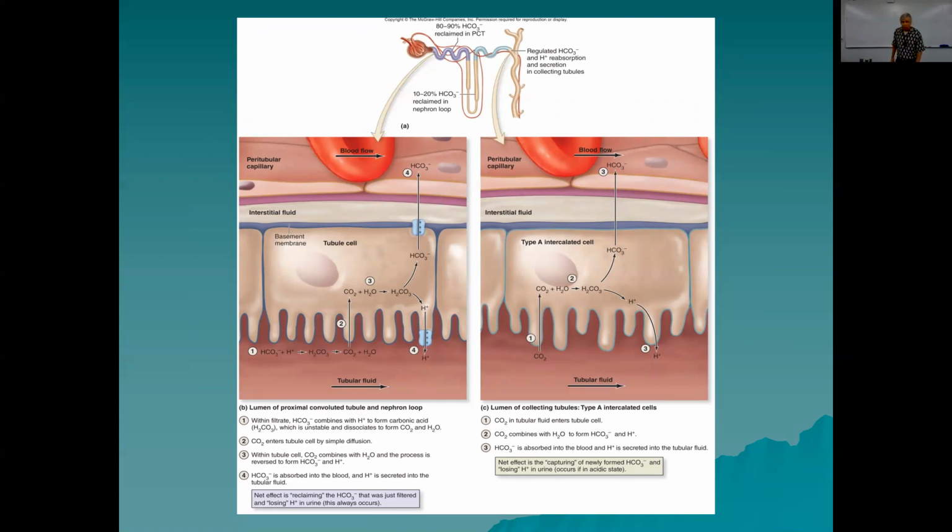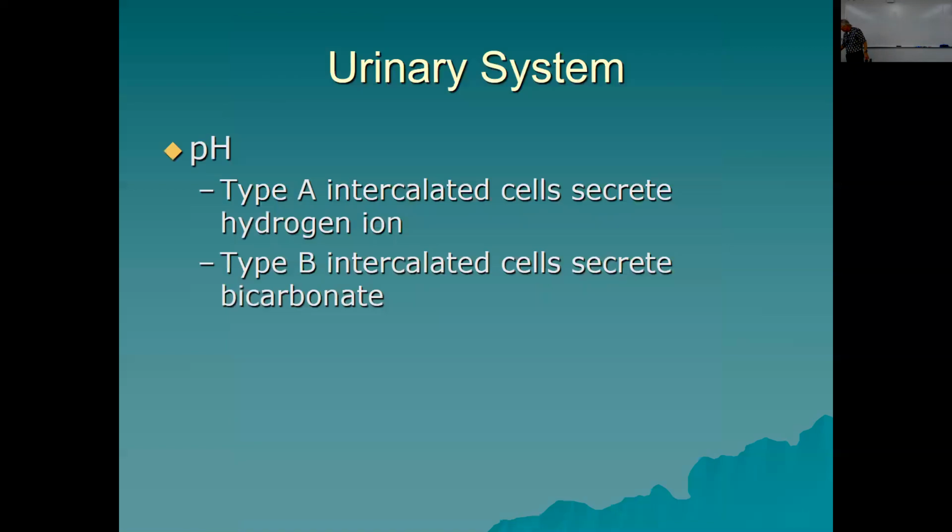It combines with water to form carbonic acid that breaks up into bicarbonate ion, which is reabsorbed into the interstitial fluid, and then hydrogen ion is secreted. And this is how we dump excess hydrogen ion. All right, so as I said, type A intercalated cells secrete hydrogen ion. Type B intercalated cells secrete bicarbonate.